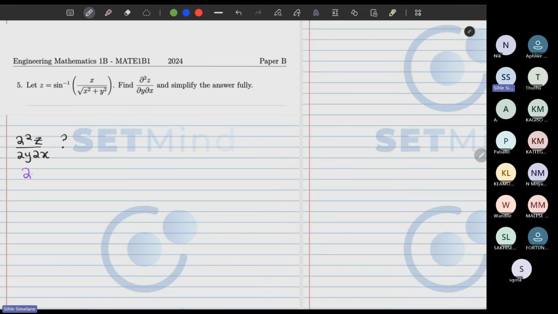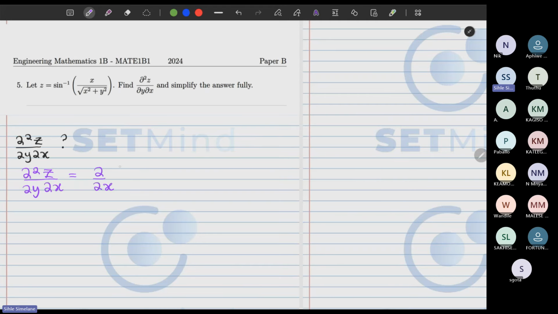So what that notation means, y then with x, is that we need to go and find the partial derivative with respect to x, and then go and find, this is what it means.